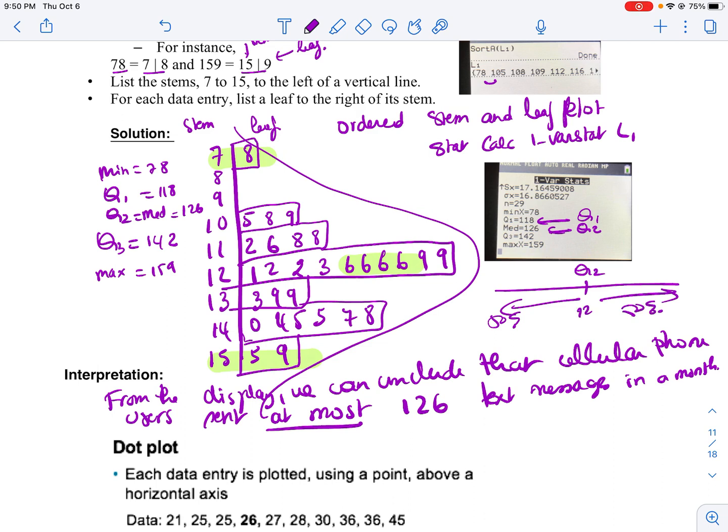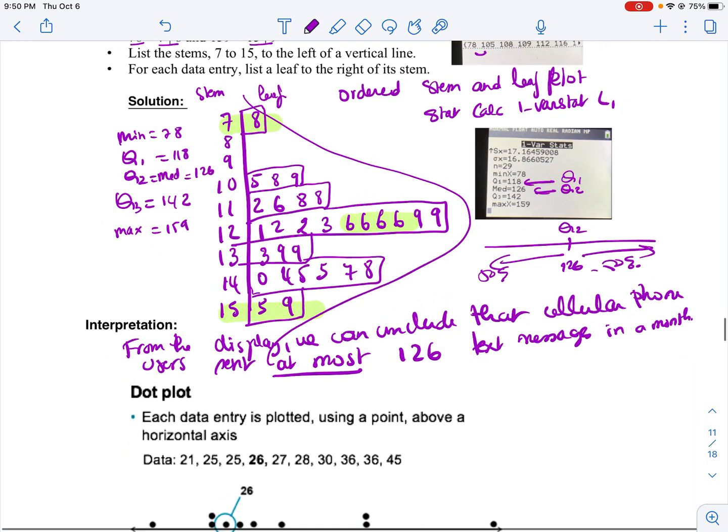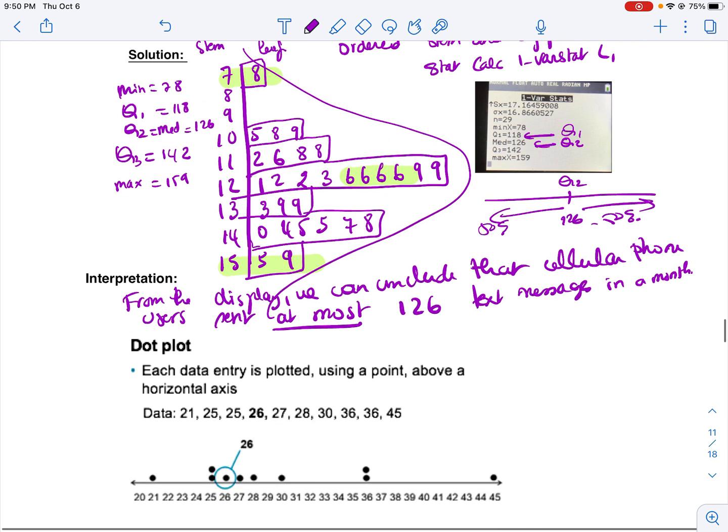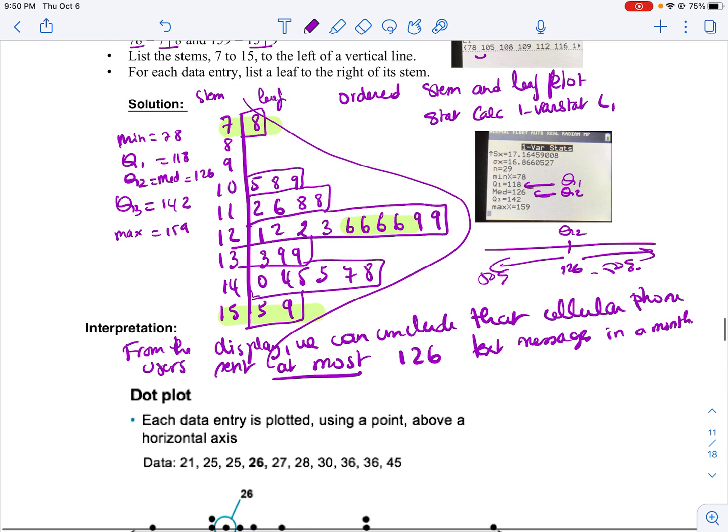So if your median is 126, I'm saying that 50% or less sent 126 text messages in a month. Your interpretation, my interpretation, as long as it's aligned with the data, it's fine. Yours could be different than mine.